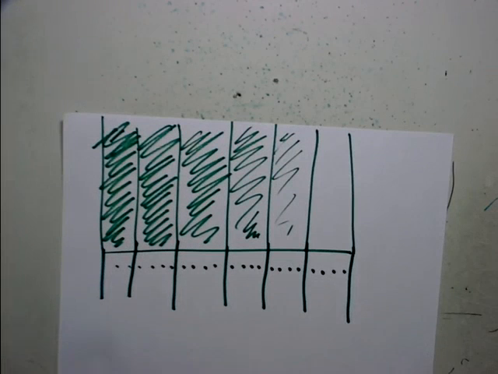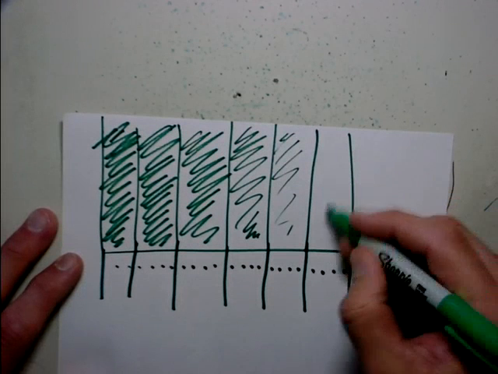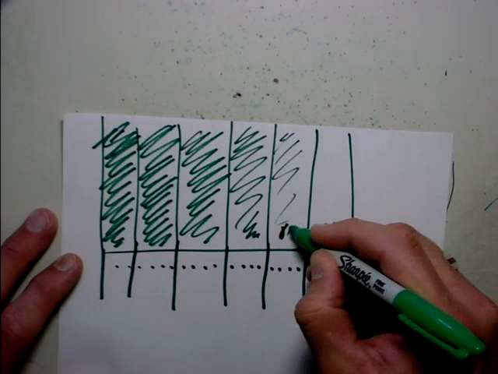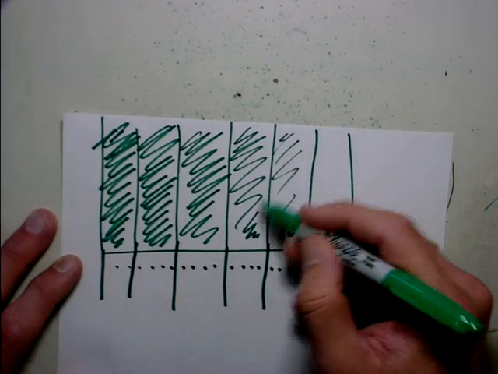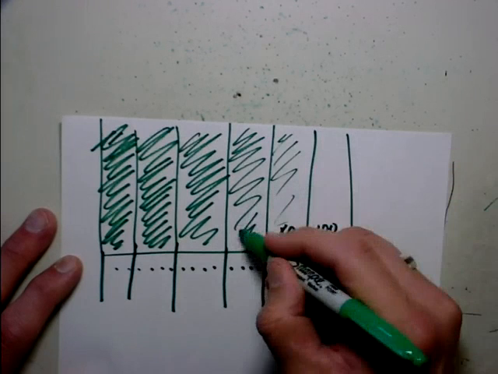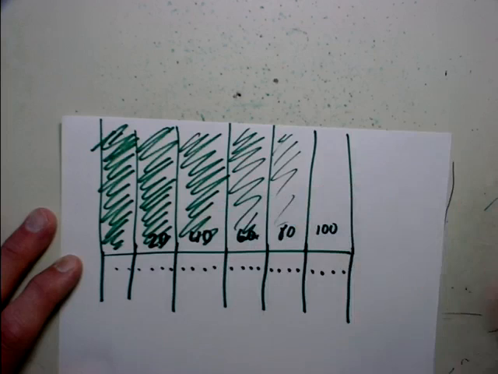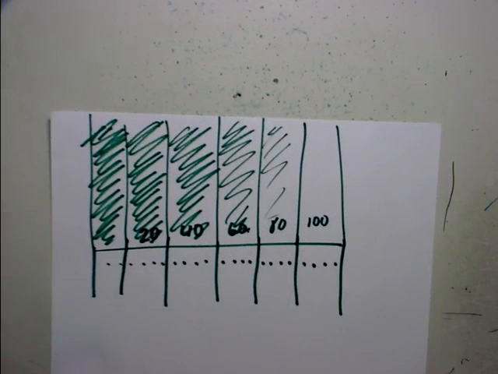So let's say everything in here is getting 100, everything in here is getting 80, 60, 40, 20, 0. Are you with me so far?